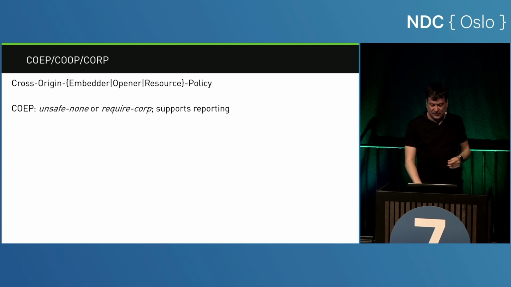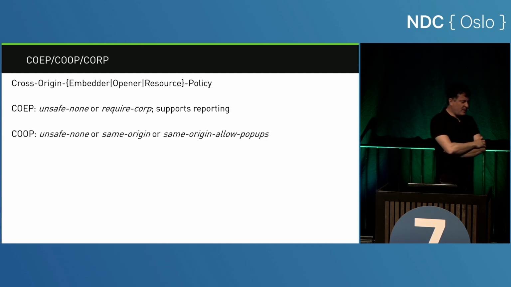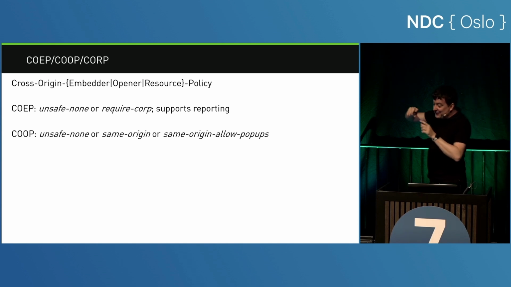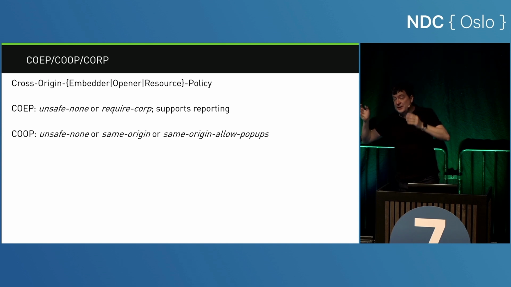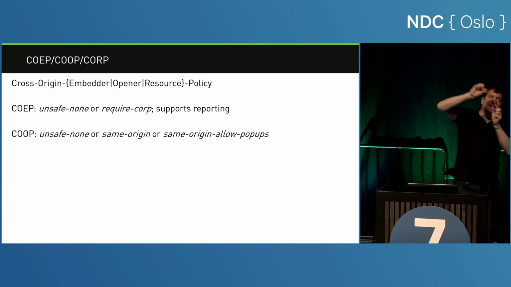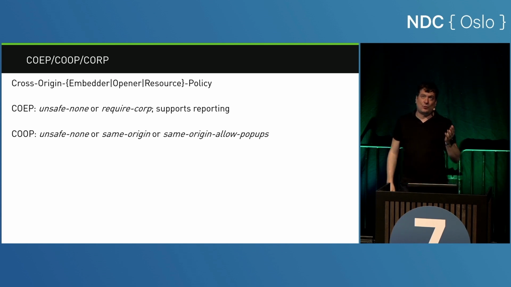You can also have a cross-origin opener policy. So the idea is if A.com opens B.com in a pop-up, and pop-up could also mean new tab, right? Then the opened page might to some degree access the opening page, which was an attack that once hit Instagram.